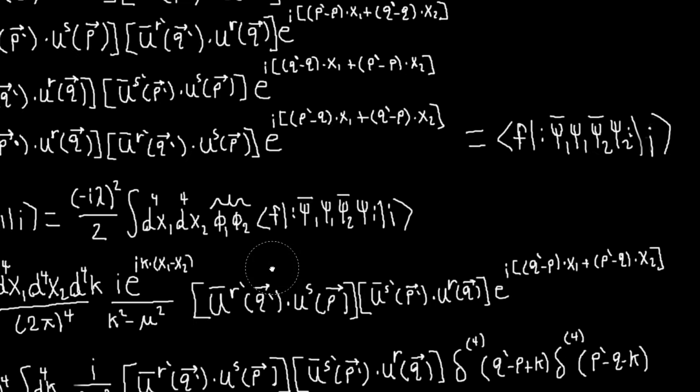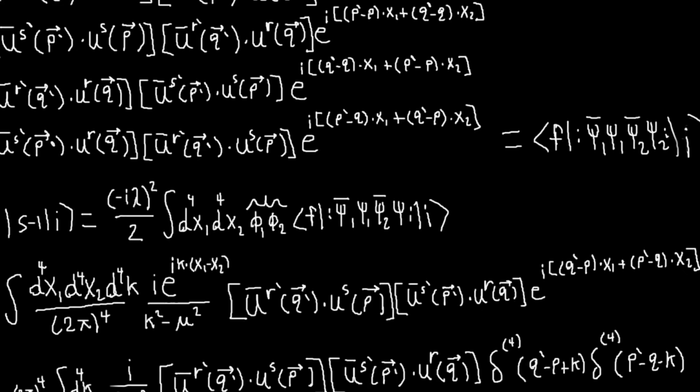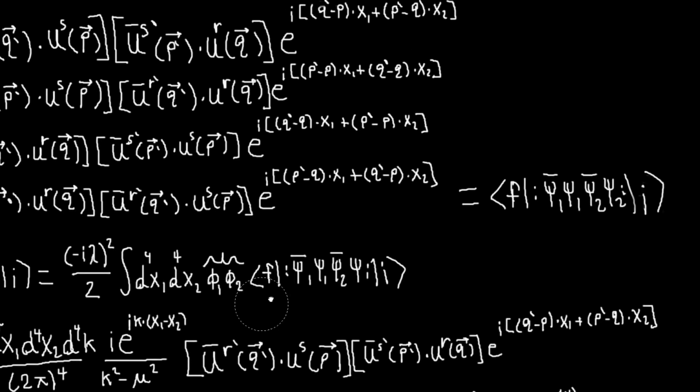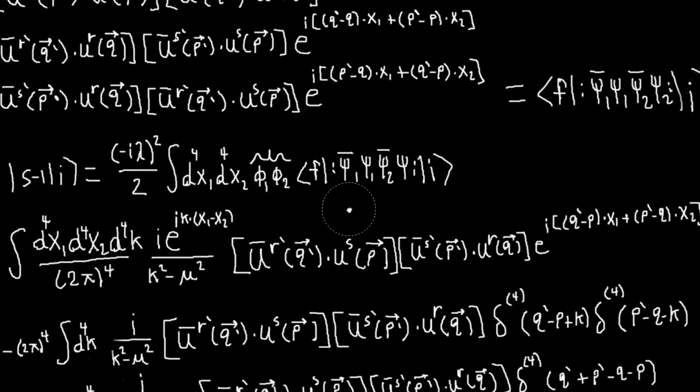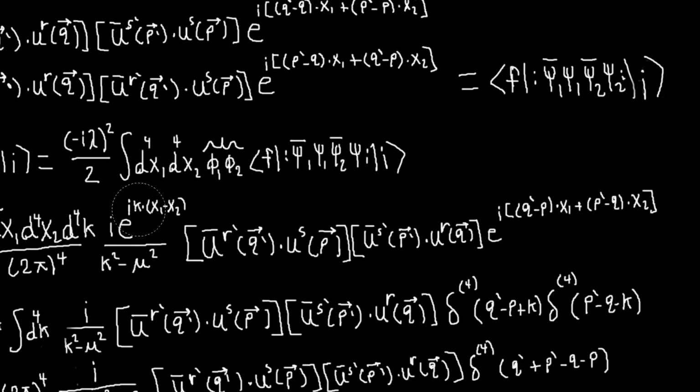We're going to get products of delta functions because we have these two integrals over x1 and x2. For this term, I worked it out: I'll get a q minus p plus k delta function, and for this term I get a p prime minus q minus k when you multiply this exponential through.